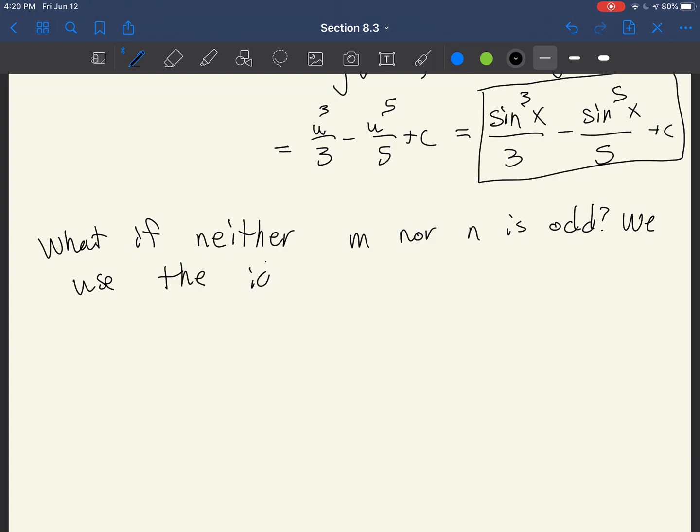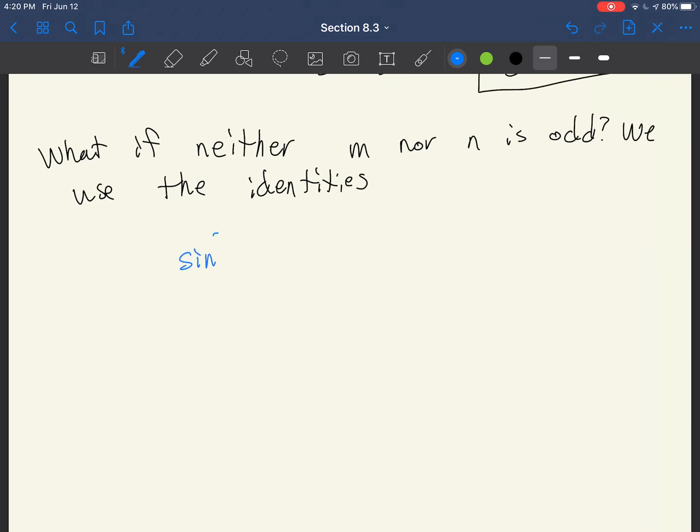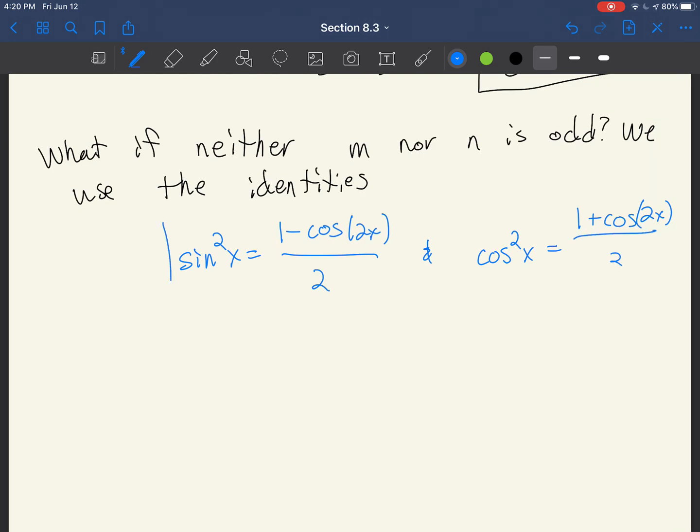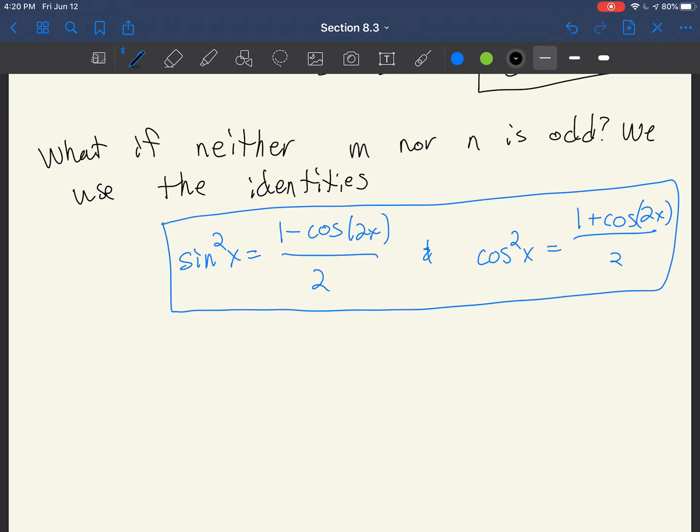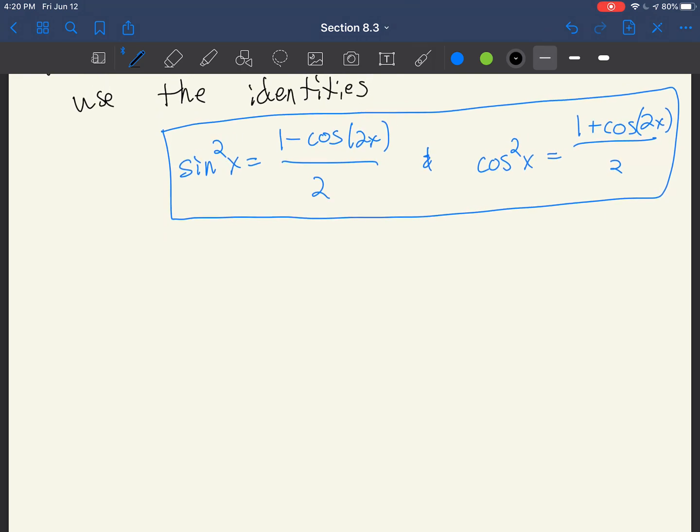If that's the case, we use the identities sine squared x equals 1 minus cosine of 2x over 2, and cosine squared x equals 1 plus cosine 2x over 2. Boxed in blue means you should know it.